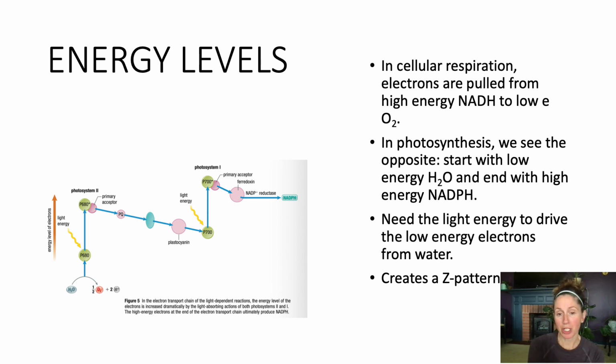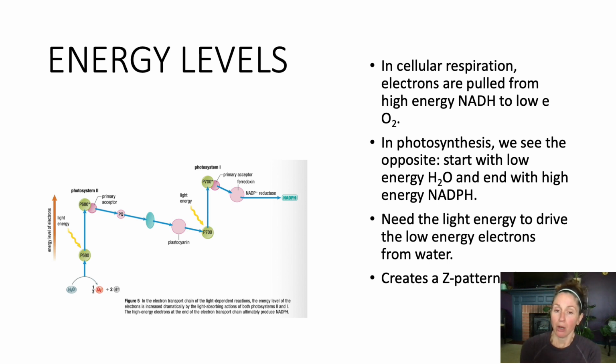So just looking at energy levels as a visual, in cellular respiration, electrons are pulled from high energy NADH to low energy oxygen. In photosynthesis, we are actually seeing the opposite. We start with a low energy water molecule and we end up with a high energy NADPH. So we need the light energy to drive the low energy electrons from water.